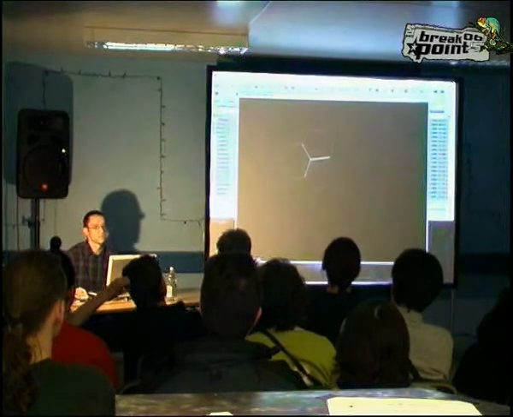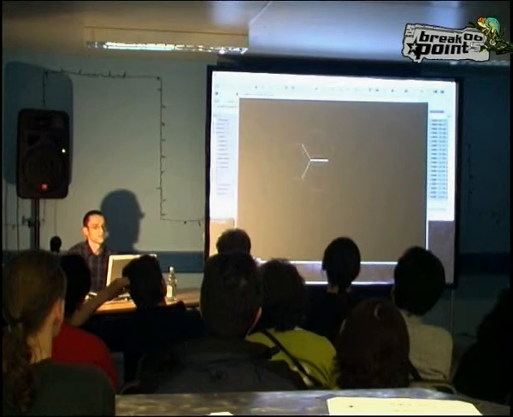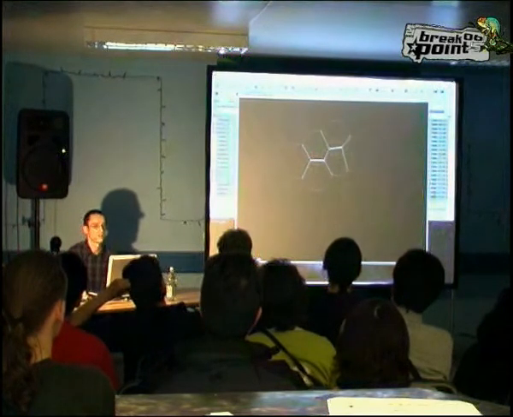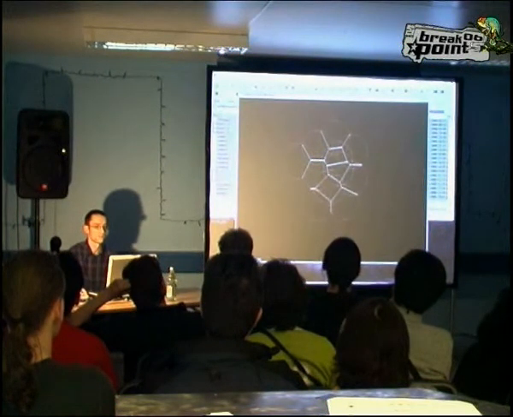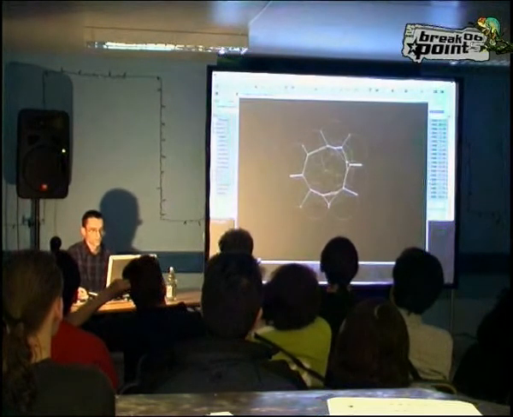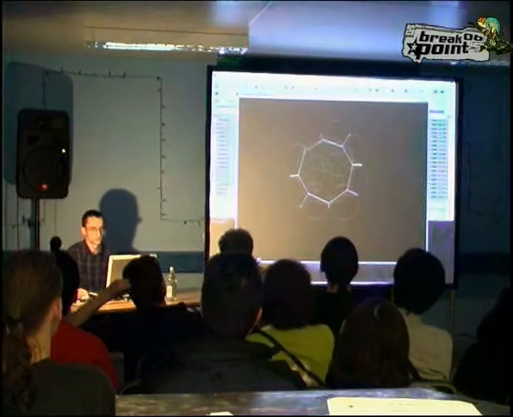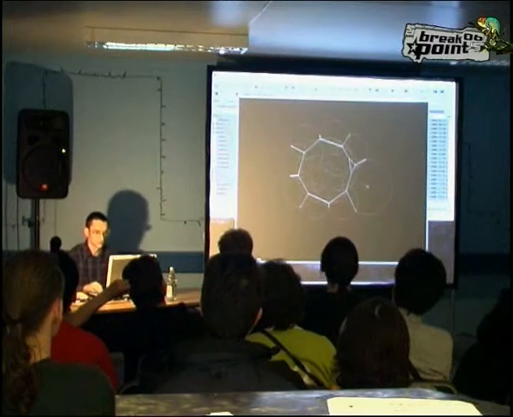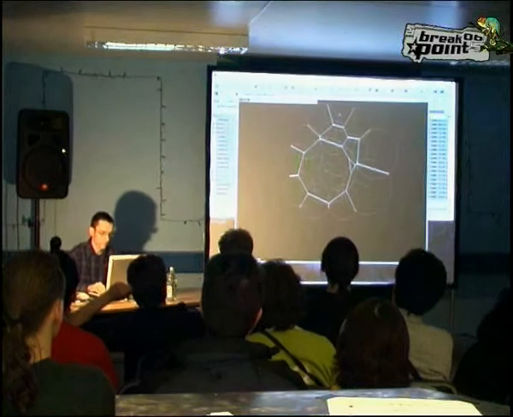But if I clip those segments against these segments, I can generate the Voronoi diagram between those circles. And adding more circles just gives me a diagram. It's all based on those intersection segments. And you can increase the radius of spheres and so on, and you get the diagram. Okay.